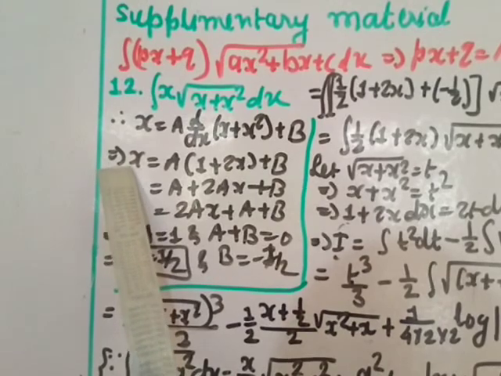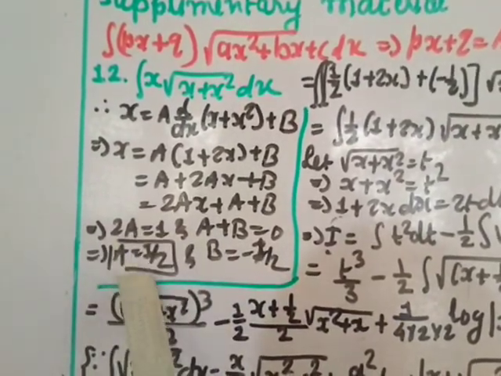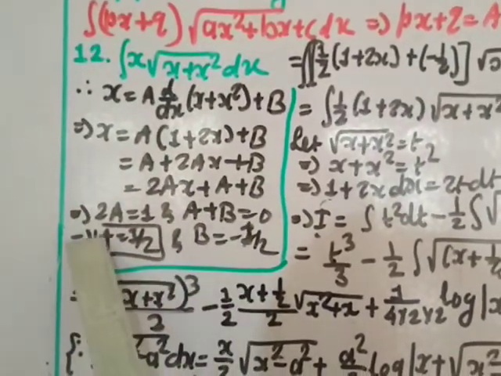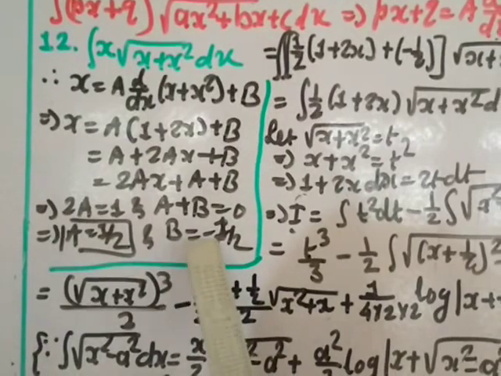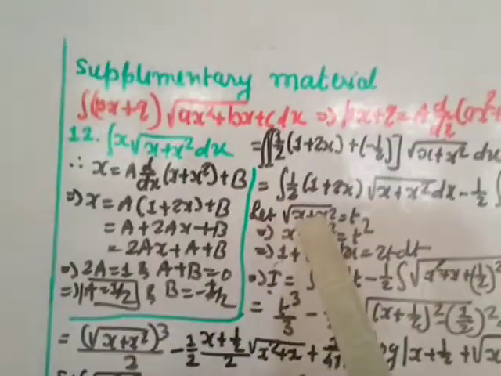Here coefficient of x is 1 and here coefficient of x is 2A. So 2A is equal to 1, so A value is 1 by 2. And constant term is A plus B, here not there, so it is 0. Put the value of A, transferring it is minus, so B is equal to minus 1 by 2.